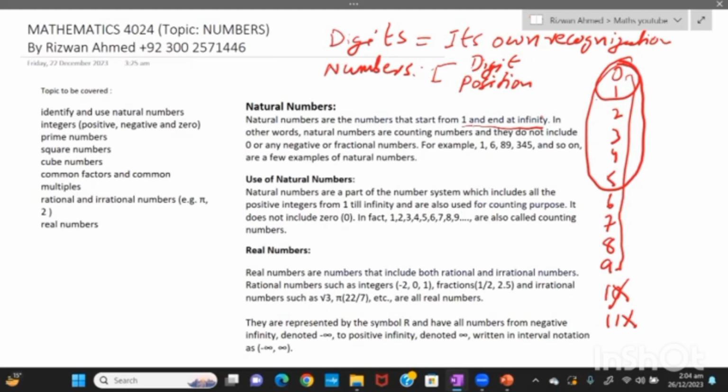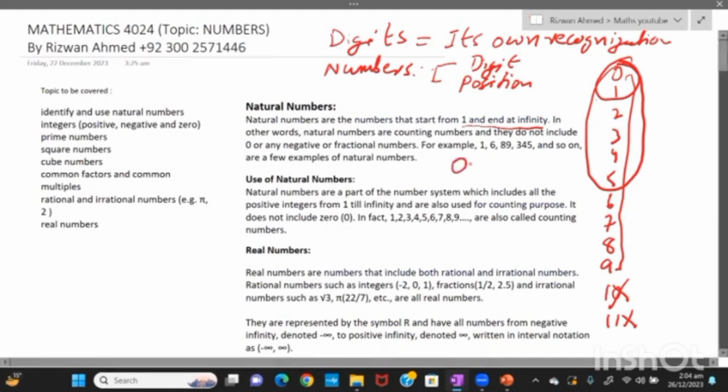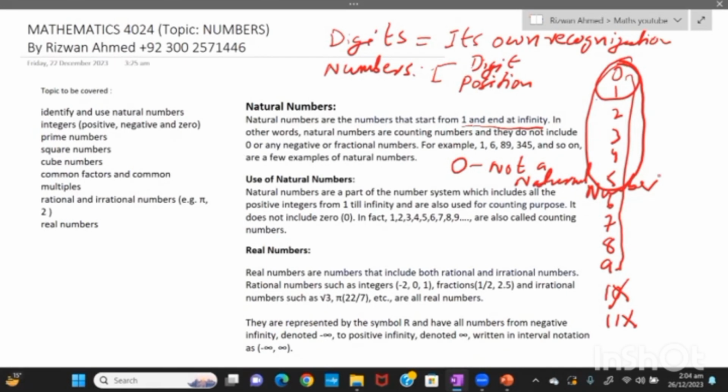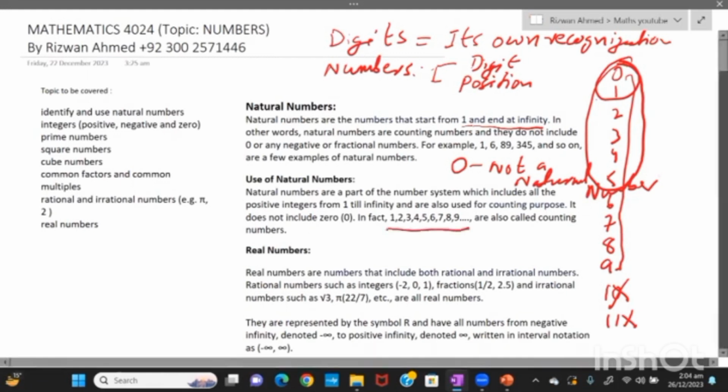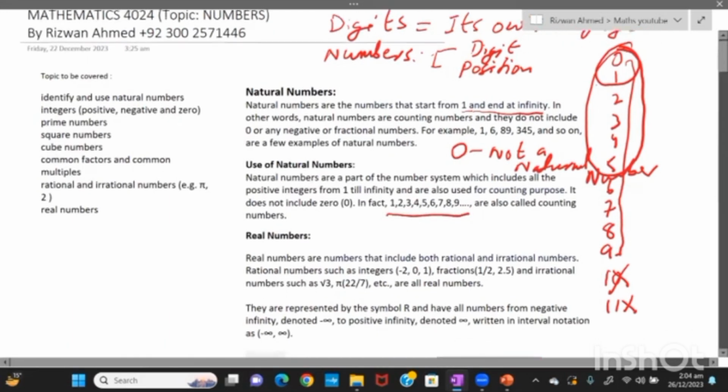But keep in mind, 0 is not a natural number. So when we talk about the use of natural numbers, we neglect 0 and start from 1 and so on. These are called counting numbers.